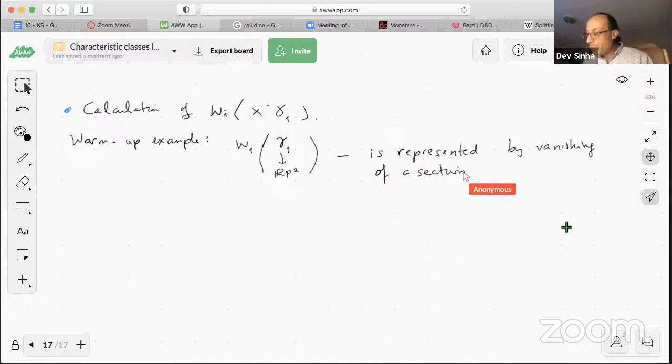And here's the change in perspective, namely that after doing this work with Schubert varieties, we note that gamma 1 sits inside RP2 cross R2 as a vector bundle, and we can use the coordinates here.